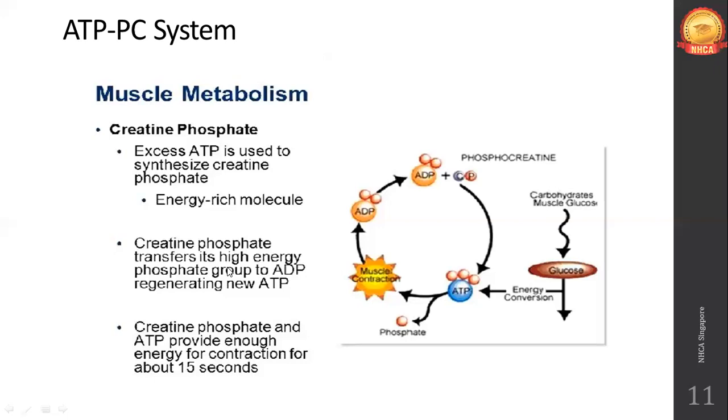It has this extra phosphate molecule, and it's ready to give it up to ADP to convert it into triphosphate. So creatine phosphate combined with ADP will regenerate new ATP. Is this mechanism clear to all?